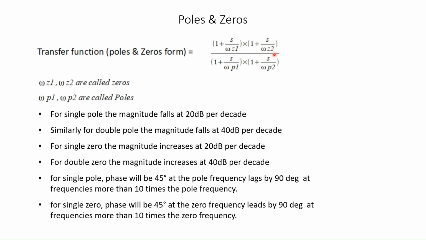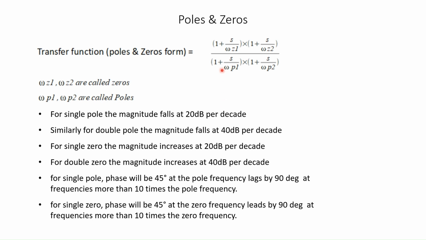After crossing omega z2, another zero, there is another 20 dB per decade increase in the magnitude. So 20 dB per decade fall, again after omega p2 a 40 dB per decade fall, after omega z1 a 20 dB per decade fall, and after omega z2 it is flat; the magnitude will be constant afterwards.